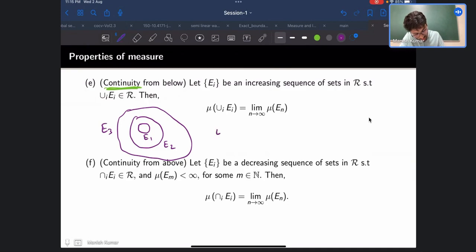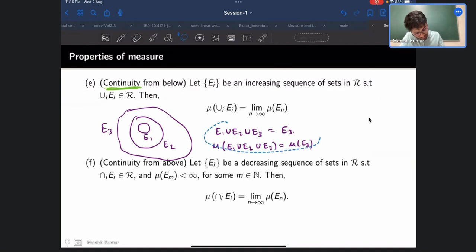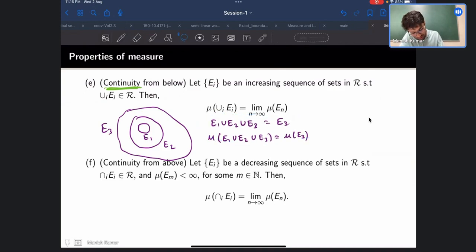Now if you take the union of E1, E2 and E3, this will be E3. And so the measure of the union of E1, E2, E3 is equal to the measure of E3. In fact, it is true for any finite collection. Let me write it more generally.